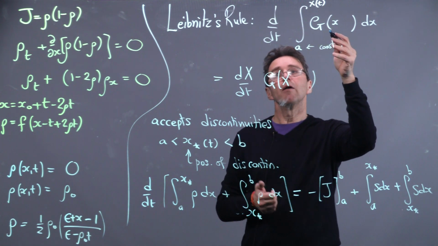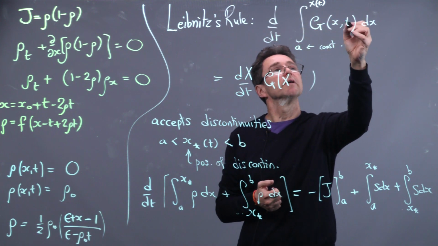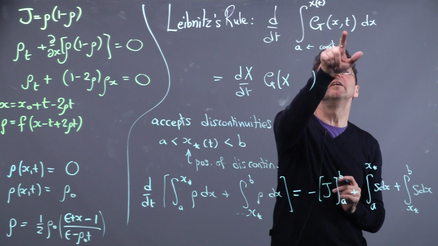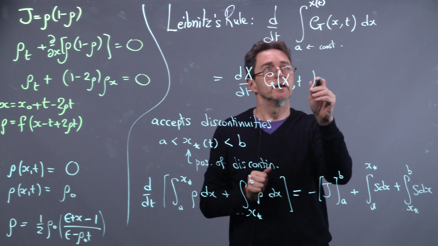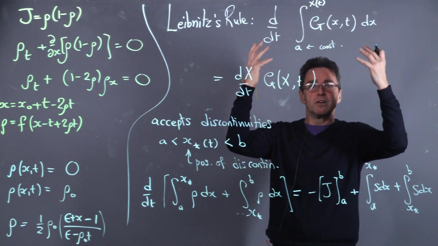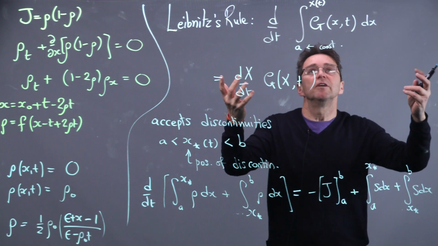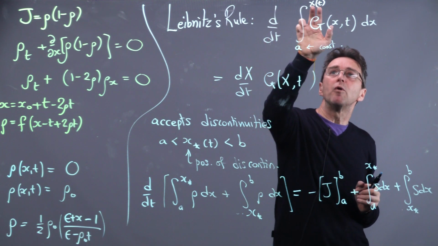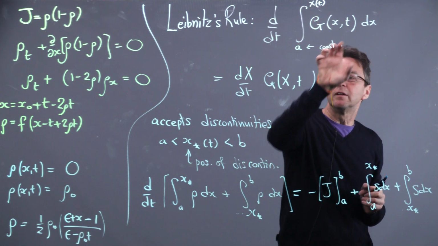Now Leibniz's rule is a bit more general than that because it allows me also to deal with cases where I have a t in this function g. Now there's a t dependence there, and there's a t dependence there, and when I use Leibniz's rule, it's like thinking about it as a product. When you differentiate a product, you differentiate one piece of it, leaving the other one. That's this.